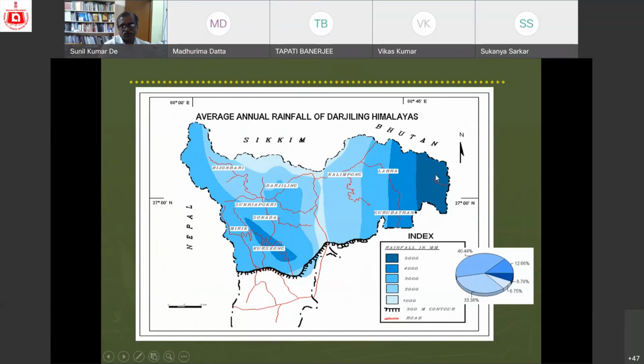Why is it so? Because the rainwater is coming through these valleys, and this is the downside valley, this is the Balason River, this is the Mahananda River. So all these landslides are occurring along these river valleys. And moreover, in most cases, these parts are covered with dense vegetation.